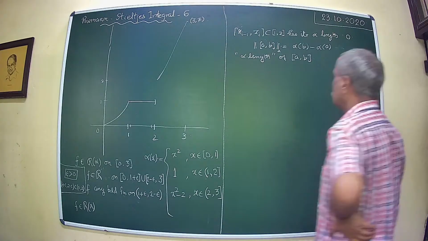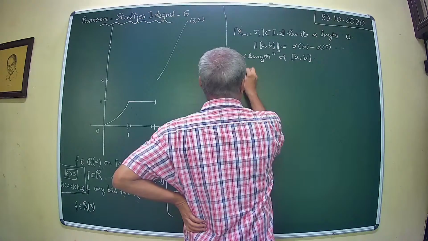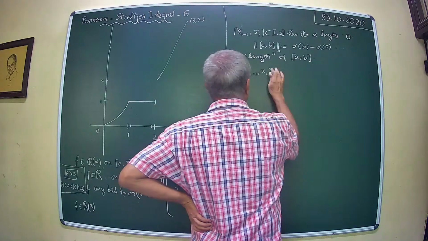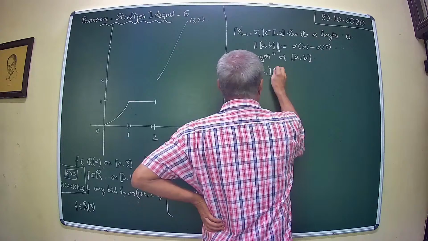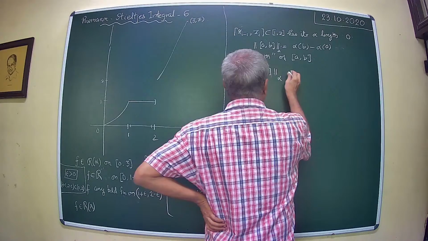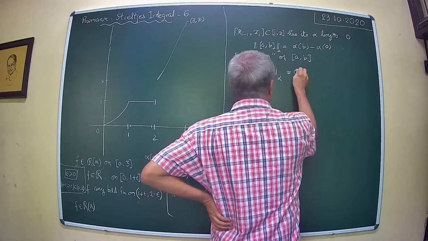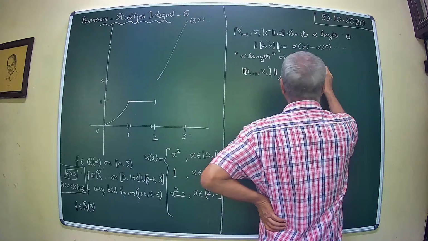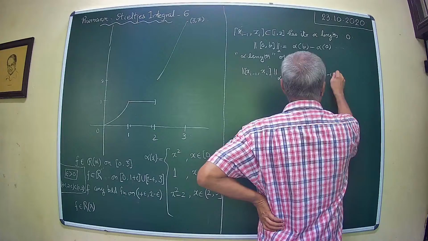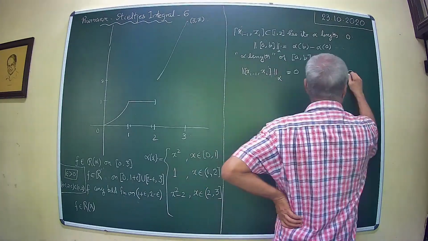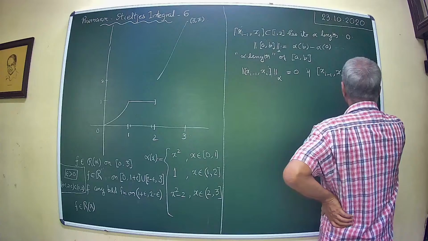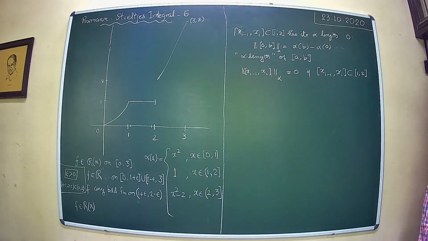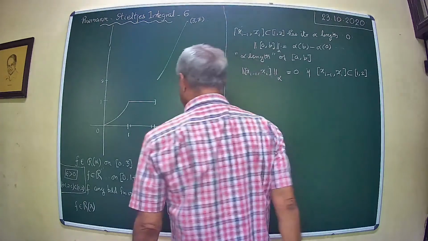Now what you can show is this: if x_{i-1}, x_i is contained in 2, for other places you can easily calculate it.